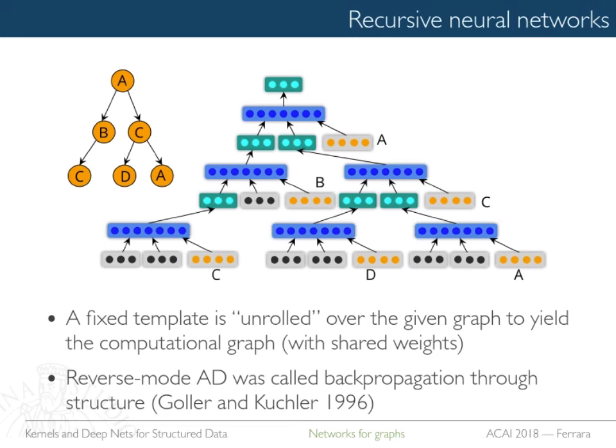Okay. But today we know it's different, right? It's what? It's reverse mode algorithmic differentiation on this graph, right? So if you guys know about TensorFlow, PyTorch, all these systems, how do they compute the derivatives? Reverse mode algorithmic differentiation, right?